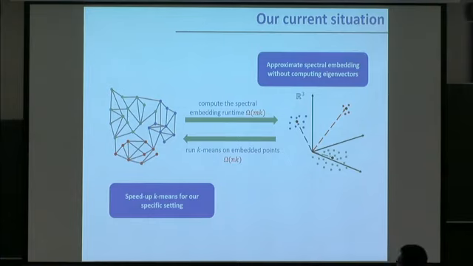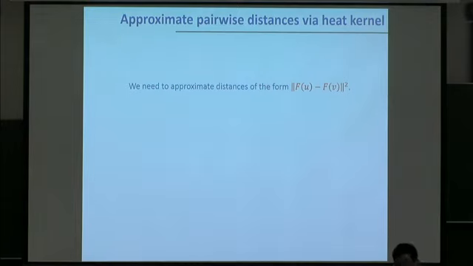For the spectral embedding part, if you look at the k-means algorithm, you will see that we only need to approximate the L2 squared distance of all the embedded points, F(u) and F(v), instead of using the closed form of the spectral embedding for every vertex u.